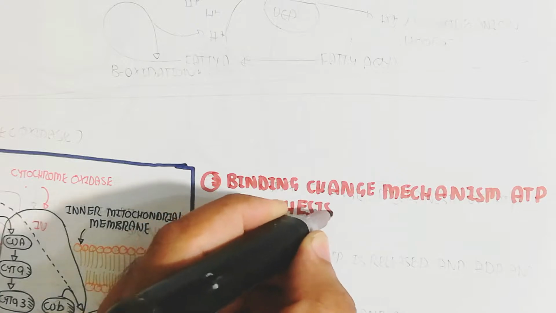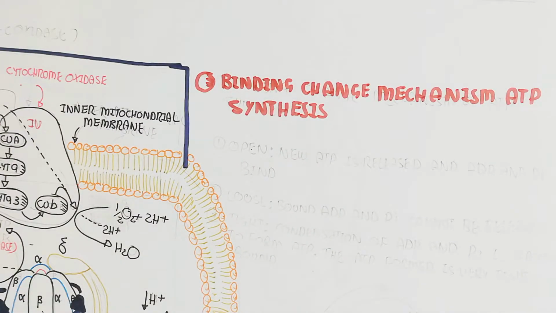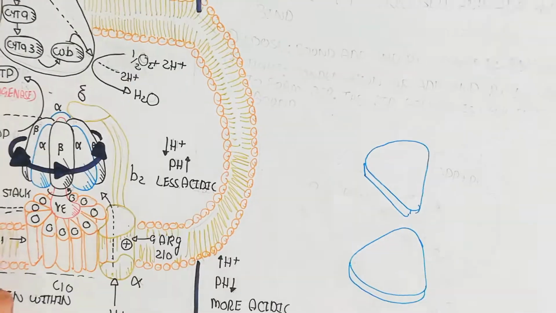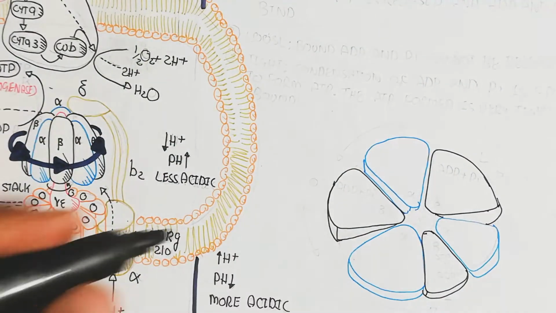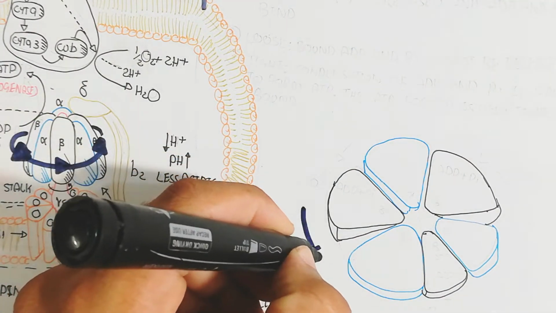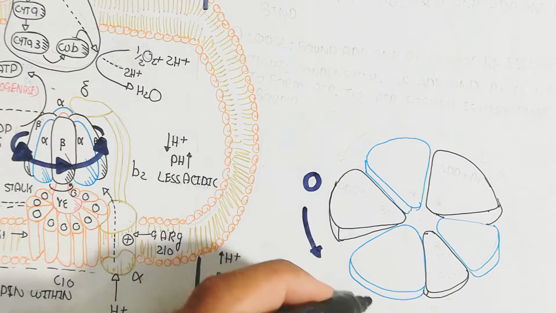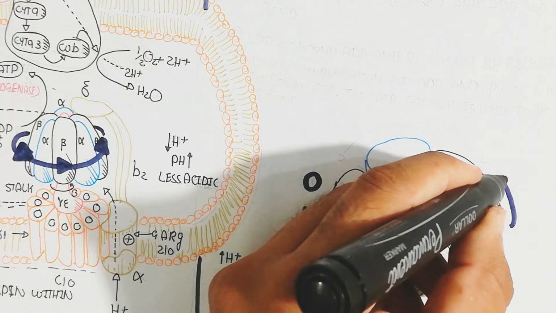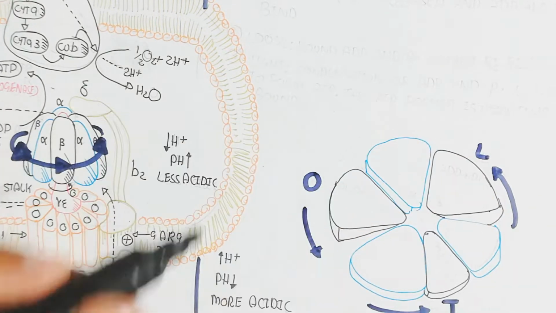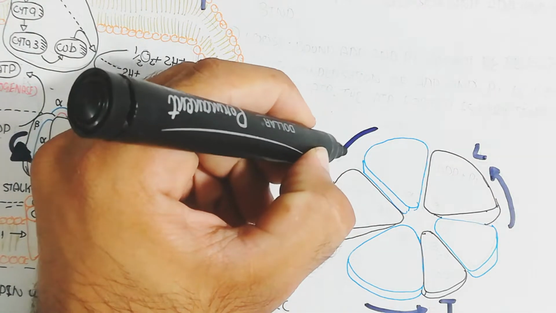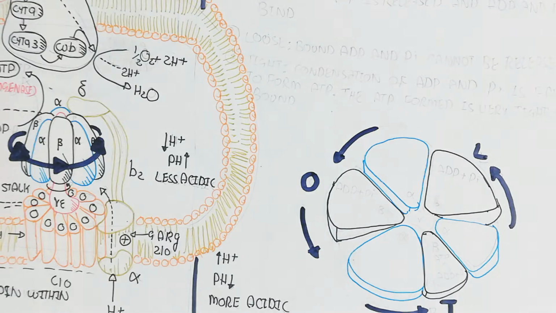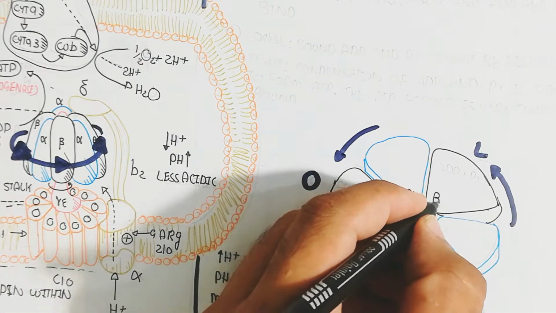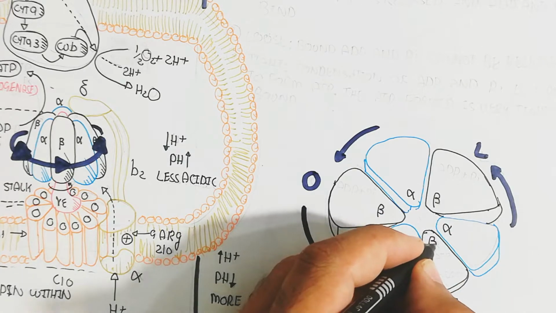The binding change mechanism begins when ADP binds with inorganic phosphate. Here you can see the six subunits of alpha and beta, respectively, and here is the O site, and inside is the gamma used for the spinning. The alpha and beta subunits repeat.